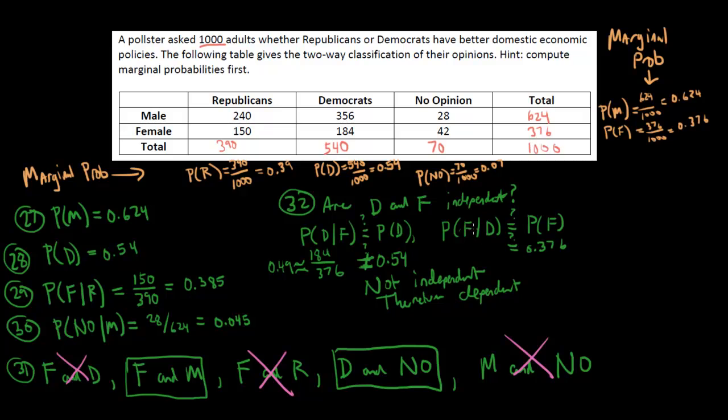So what's the probability of female given Democrat? So if you're a Democrat, you're in this column here. What's the probability of being female? 184 out of 540. And so the question is, is the left-hand side equal to the right-hand side? Well, I don't know. Let's check. 184 divided by 540.